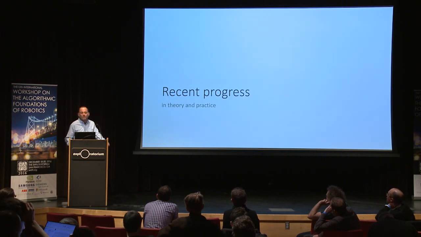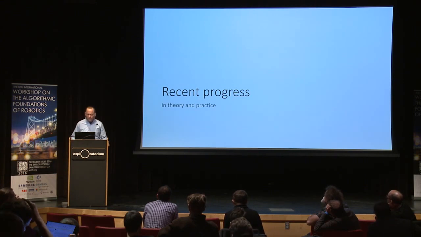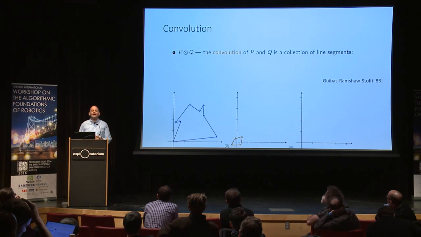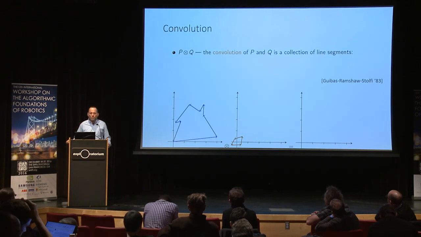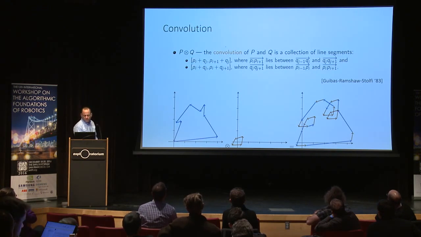All this mystery somehow guides the way we plan efficient algorithms for computing Minkowski sums. So we take a somewhat more efficient approach than the decomposition approach, and it's called the convolution approach. What is the convolution? Let me define it. It was suggested by Guibas, Ramshaw, and Stolfi many years ago.